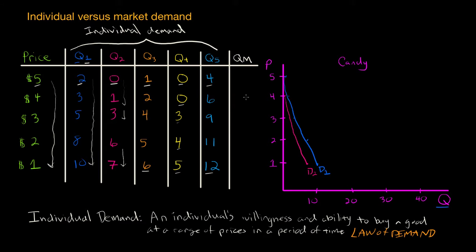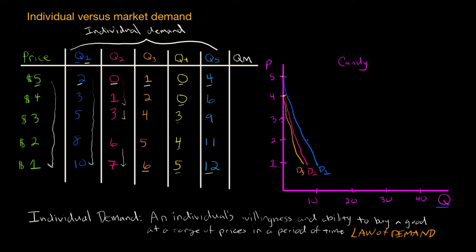We're going to see a similar relationship here. At a price of $5, only 1 piece of candy is demanded, whereas at a price of $1, 7 pieces of candy are demanded. Connect those dots and I get individual 3's demand curve, call that D3, and so on. Let's go ahead and do individual 4. Individual 4 is quite cheap, or doesn't have a high demand for candy.